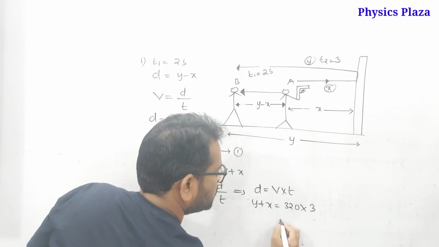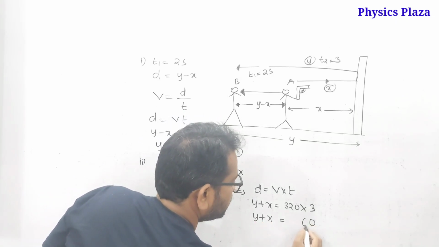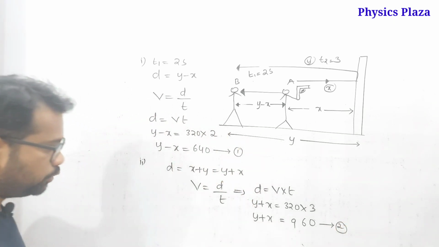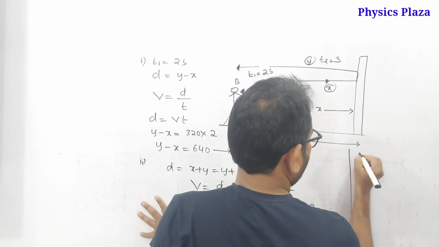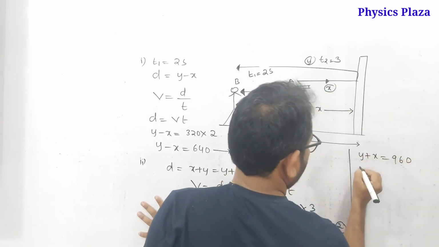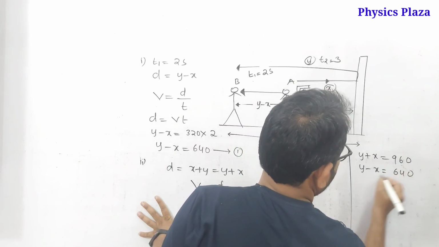So y plus x is equal to 960. This is equation 2. So here we have two equations. Let us solve them. y plus x is equal to 960, y minus x is equal to 640.